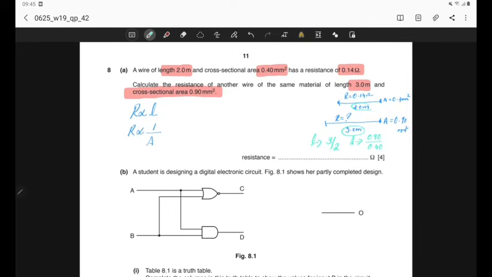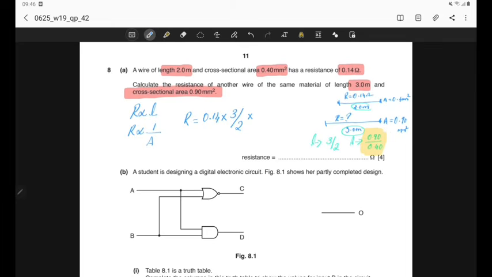Now we can substitute in the relation, that is new resistance will be the old resistance times, since length is directly proportional, we can simply multiply directly the change happened to the length, times, since the area of cross section is inversely proportional, we have to take the inverse of the change happened to the area of cross section.